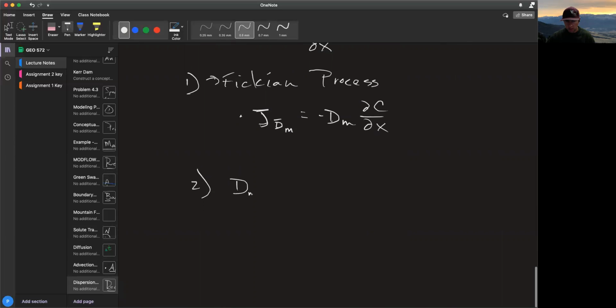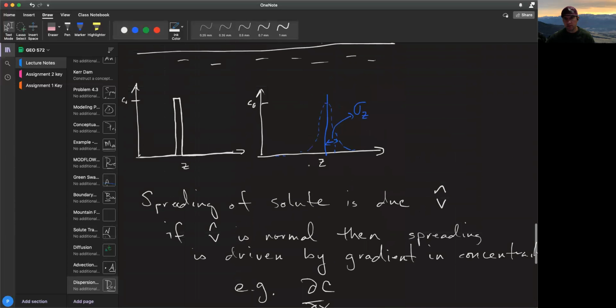So the mechanical dispersion coefficient, for example, in the longitudinal direction is equal to sigma L squared over 2 times time. And all this says is that the dispersion coefficient is basically equal to the variance, or the standard deviation, or how far the spreading is.